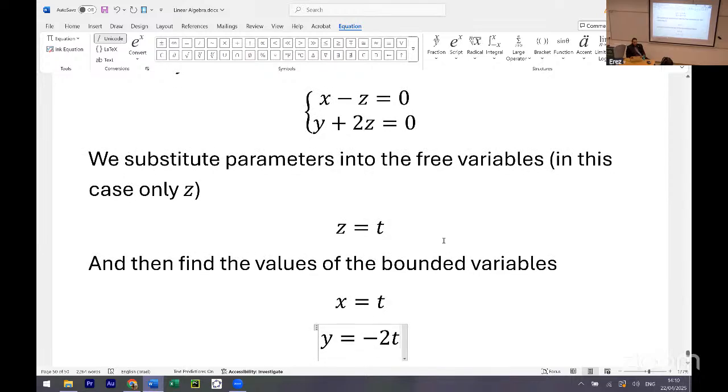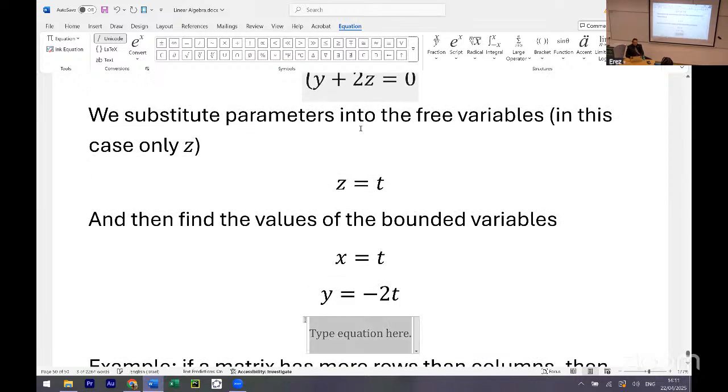You see why? That's the idea behind it. That's what we always do. We find the free variables, we substitute parameters into them, and then we find what the bounded variables are equal to. That's the whole point of the reduced echelon form.